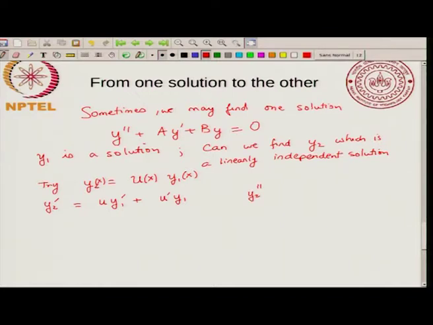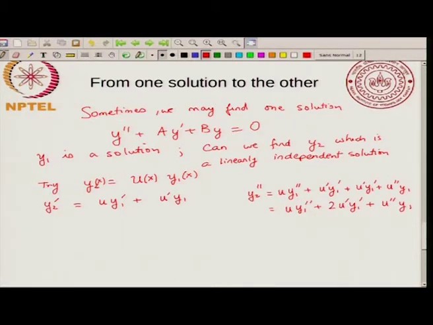If you take the derivative of the first term, you will get u y1 double prime plus u prime y1 prime, and then if you take the derivative of the second term, you will get plus u prime y1 prime plus u double prime y1. You have these four terms, and you can see that these two terms are identical. So I can write this as u y1 double prime plus 2 u prime y1 prime plus u double prime y1.